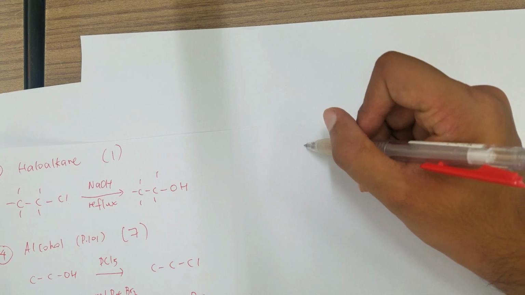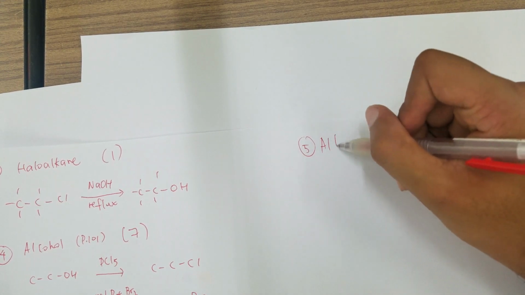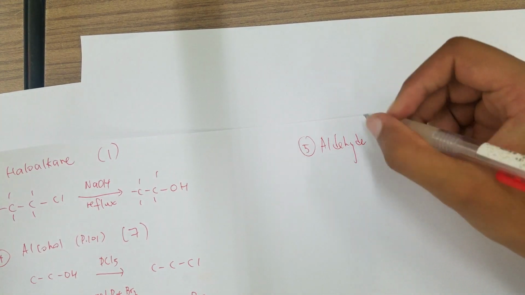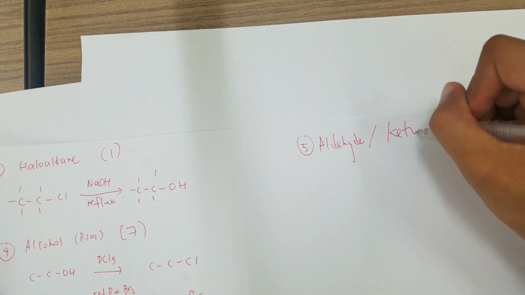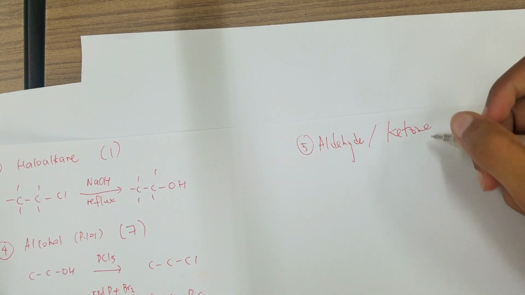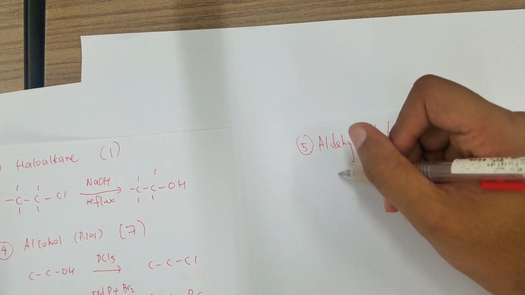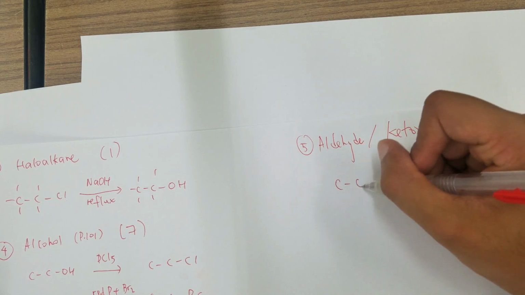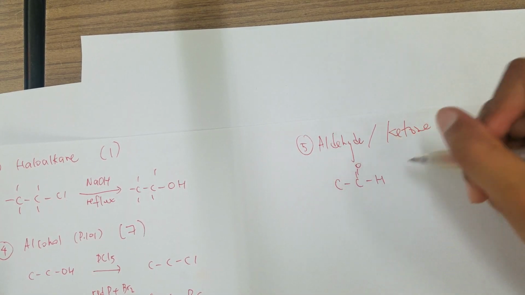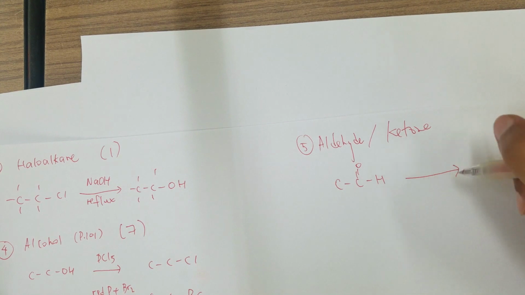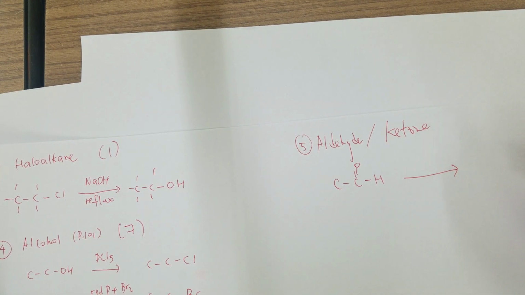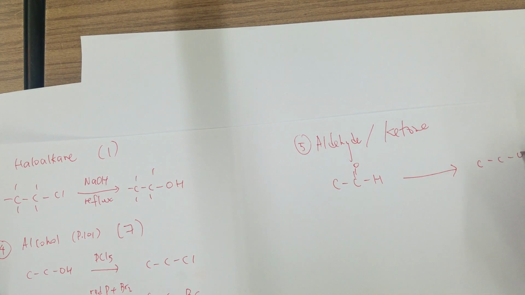So for example, aldehyde or ketone. If I have aldehyde, let's say this one. Now if I oxidize it, it will form into carboxylic acid. But if I reduce it, I will get back a primary alcohol.